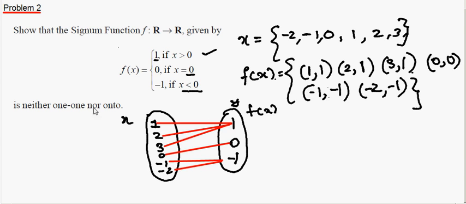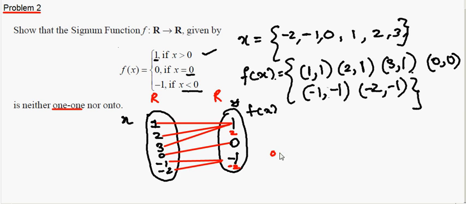So from this we can say that it is neither 1 to 1, nor onto. Why is it not onto? Because if I take real numbers here also, I can take 2, 1, minus 2. Since this is also R, R is related to R, whatever values I take, 2 and minus 2 are not the image of any value of x.